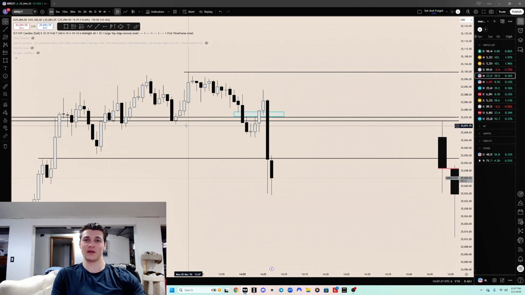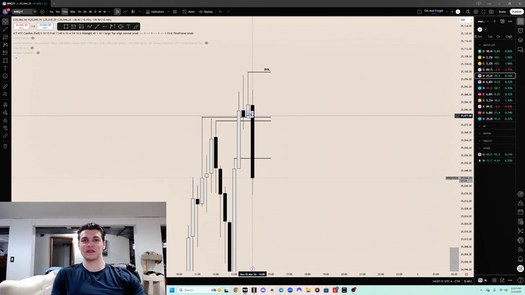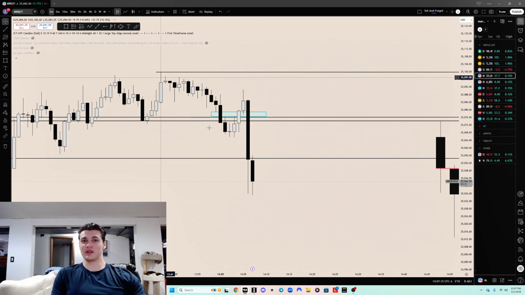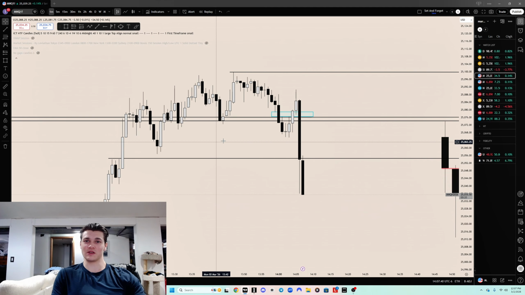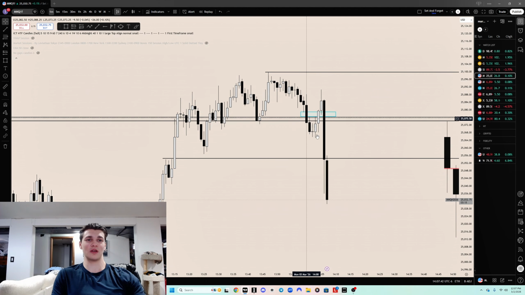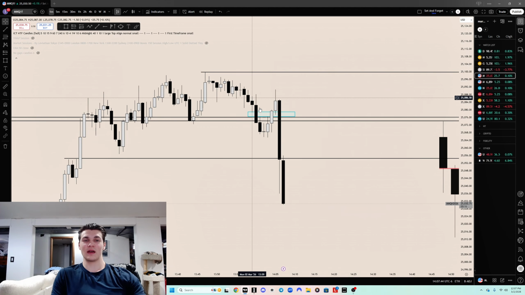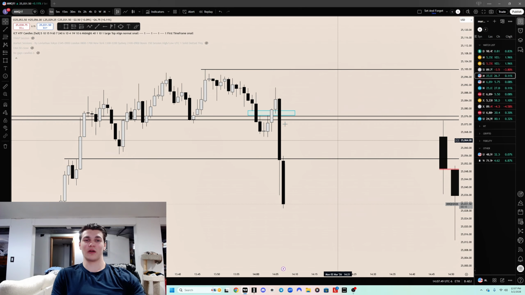The bottom of this candle was the liquidity sweep, but it's so close to the POI that you don't need to mark that off. You can just keep it as is. But we had a liquidity sweep on the 15-minute, tap back into the POI, candle range flip, inverse fair value gap, or a bearish fair value gap that got inversed.